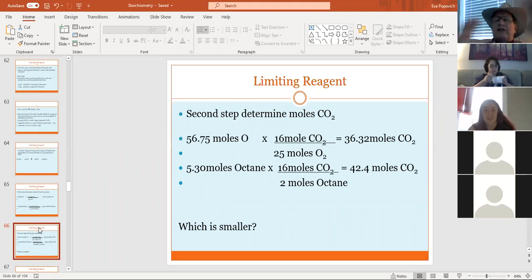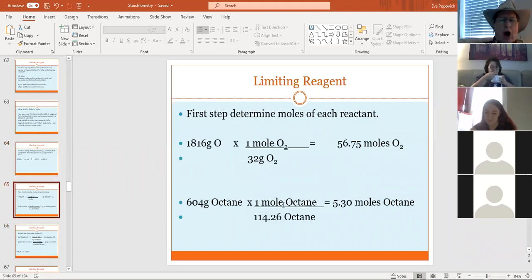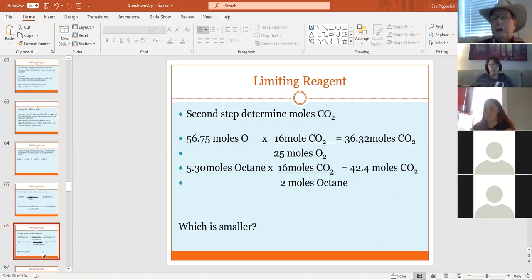All right, guys, I did this example very specifically to show you why you can't just stop once you get the moles of each reagent. You have to take it, like Kaylin said, to the next step. You have to take it past the molar ratio stage before you can choose which is the limiting reagent. In this instance, my oxygen is limiting.